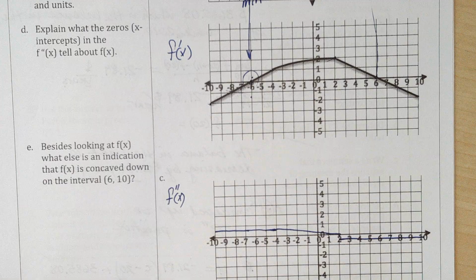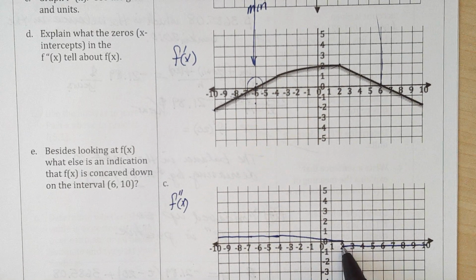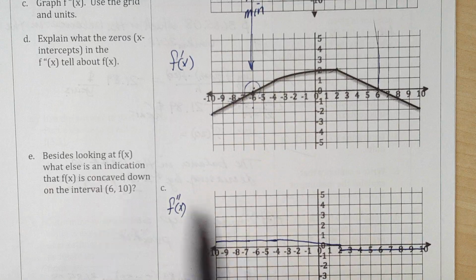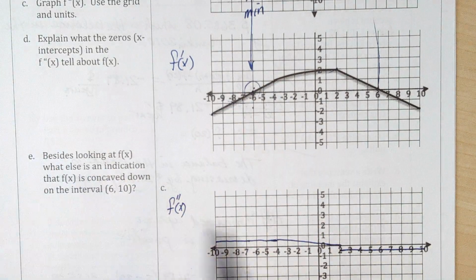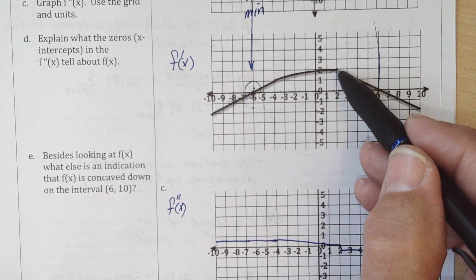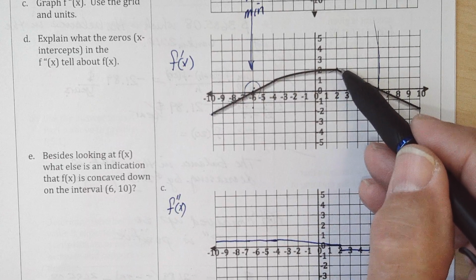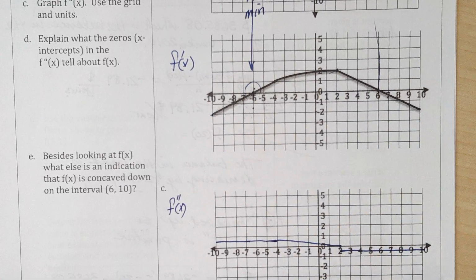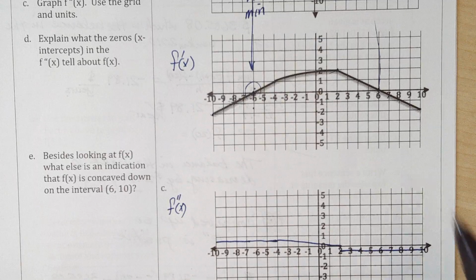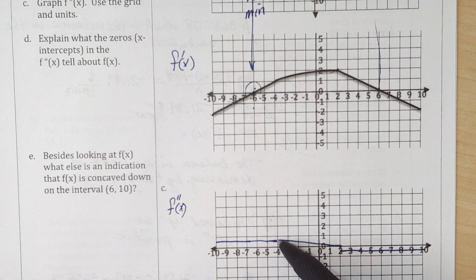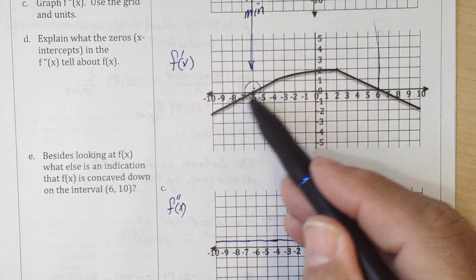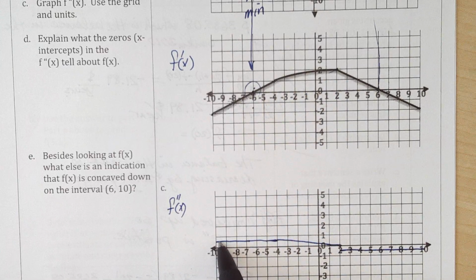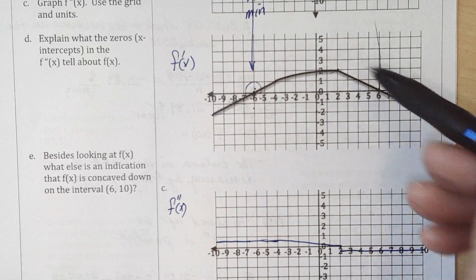Now, unfortunately, I made a graph where this changes pretty quickly, and when f double prime is 0, that's where the curvature could be changing. Well, the curvature changed quickly to no curvature at all there. It changed quickly here from no curvature to curve down, but it was a positive slope to a zero slope.